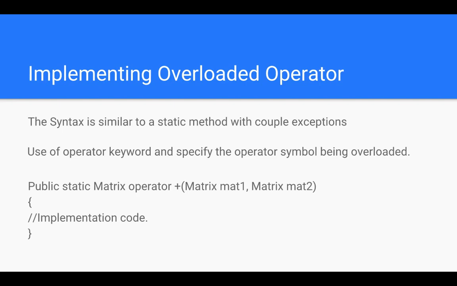A sample implementation would look like this: public static matrix operator, and we specify the operator itself. We have the two objects we are providing on both sides of the operator plus as parameters to this method.